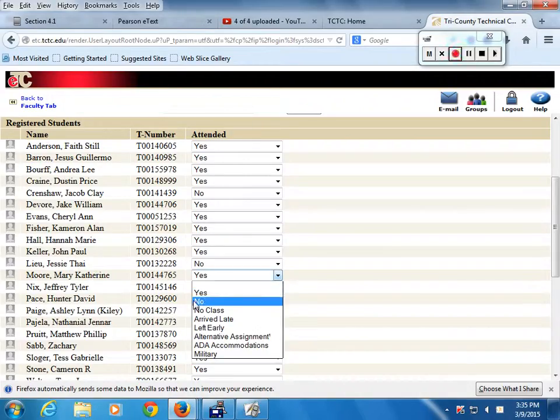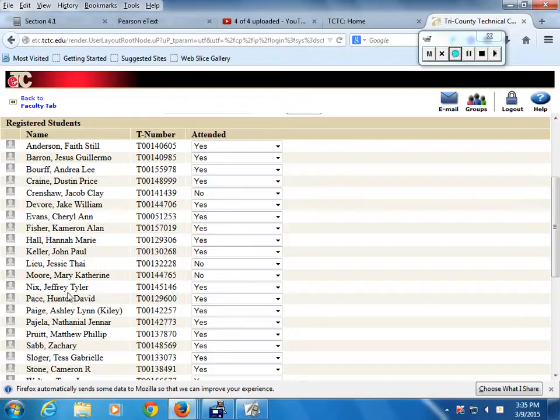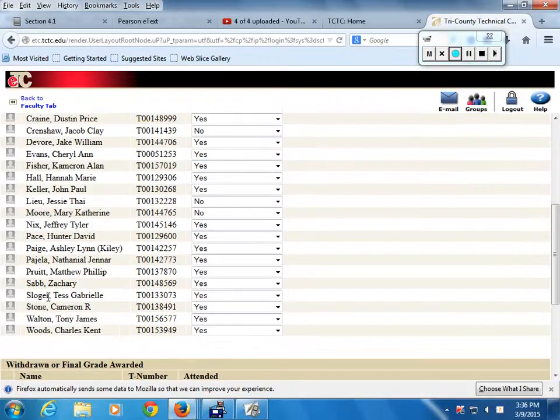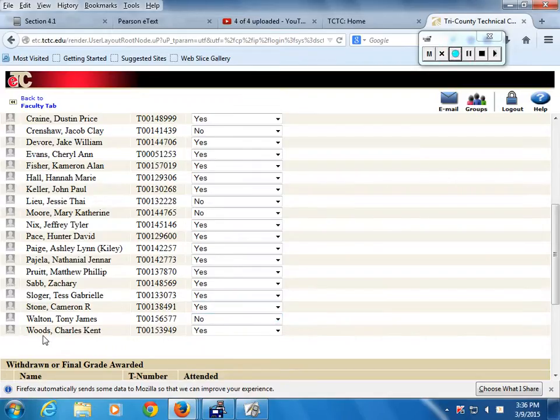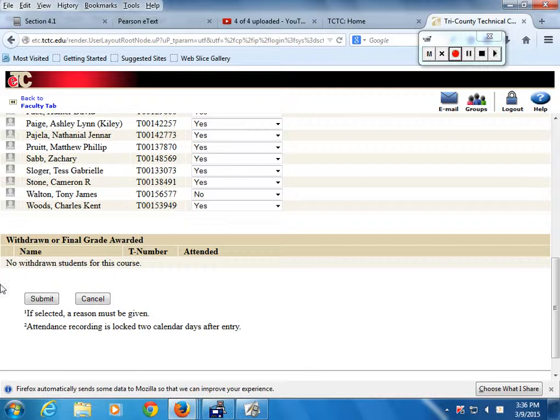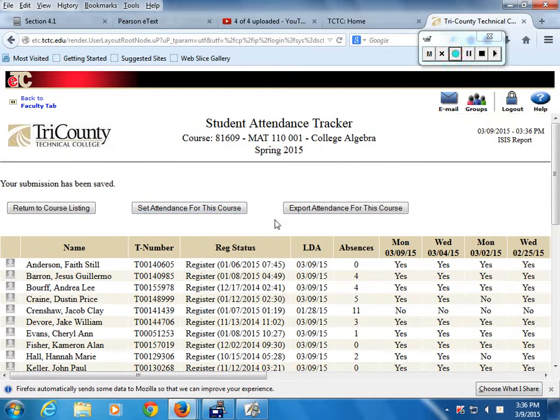Moore, Nix, Pace, I saw Mr. Pace right before class. Page, Pahela is here, Pruitt's here, Sab is here, Sloger is here. Miss Sloger, you need to quieten down, you're too loud. Stone, Walton, as in John Boy. Woods. You need to quieten down too, Mr. Woods. You're distracting people. Okay, we got that done.